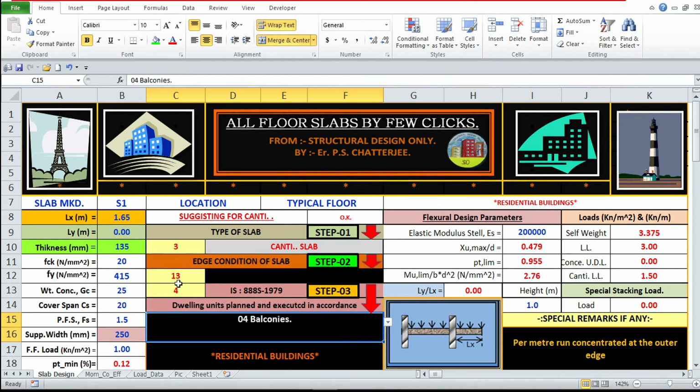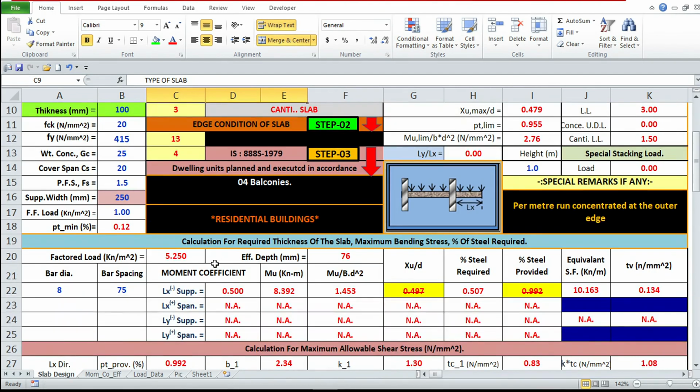Now balcony, residential building. Look here, some cantilever load 1.5 is generated here. So thickness is equal to 100 mm. All these values in these cells are invisible because we have to calculate only in the Lx direction.